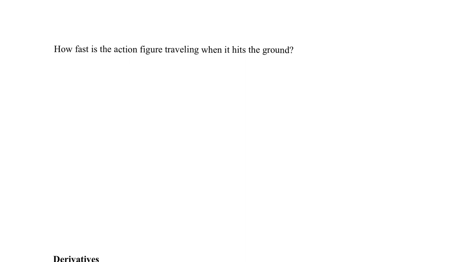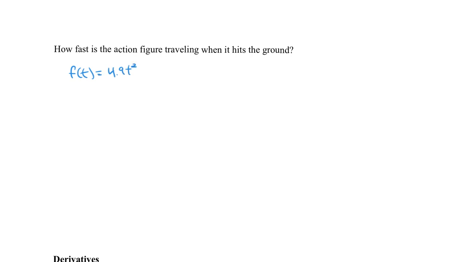Okay, and finally we get to the last part here. How fast is this action figure traveling when it hits the ground? Well, we know it's going to hit the ground when it has traveled 500 feet, right? Because this action figure was dropped from a balloon 500 meters in the sky. And we've got a function here, f of t equals 4.9t squared.